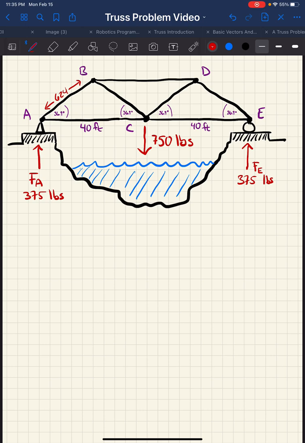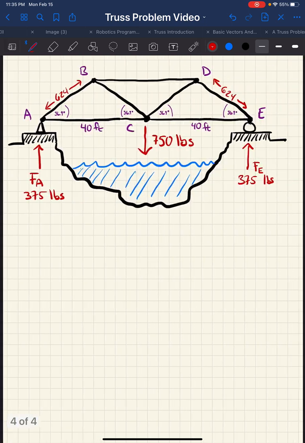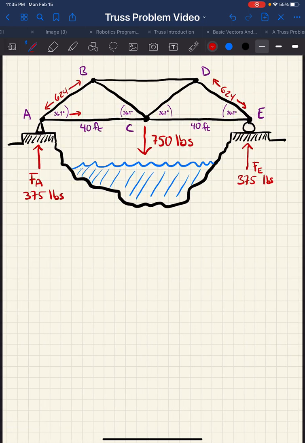That means that we also have 624 pounds over here. And if you'll notice, we have 499 pounds for FAC, and it's pushing this way, which means it's pulling its ends in.